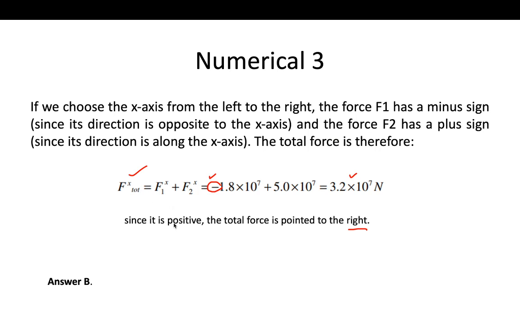So this is the trick, you can say, to check in multiple choice. If you put minus here, or do not put minus here, and the answer is not available in the given answers, this means you are doing some wrong calculations. And you have to remember that if the answer is positive, it is on the right side, and if it is negative, then it's on the left side.